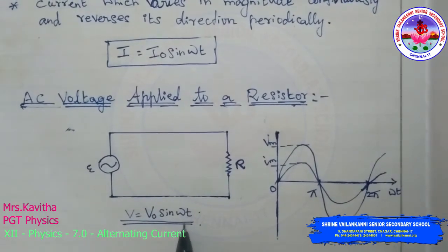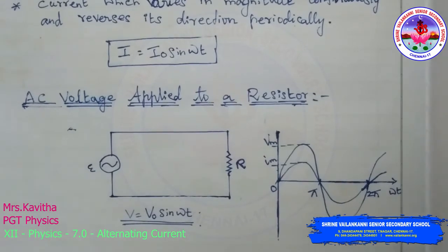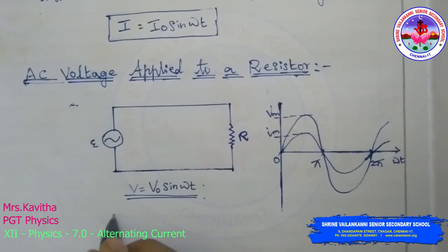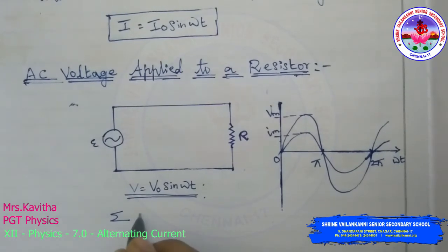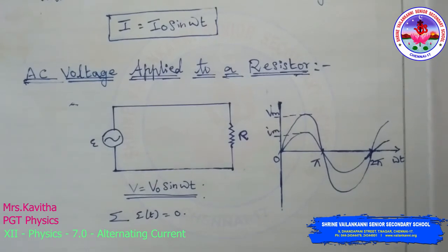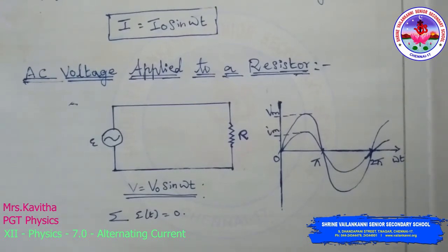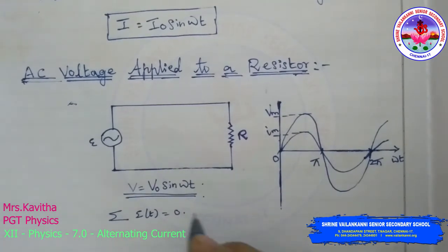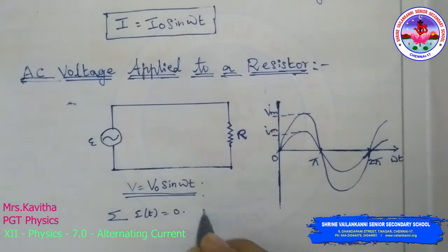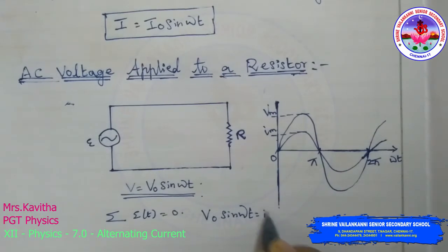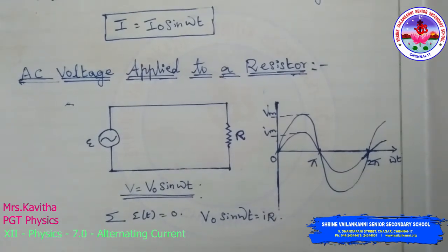To find the current through the resistor, we apply Kirchhoff's rule. What is Kirchhoff's second rule? The loop rule: the summation of EMF is equal to 0. Applying this to the circuit, we get V naught sin omega t equal to IR. So V is equal to IR.